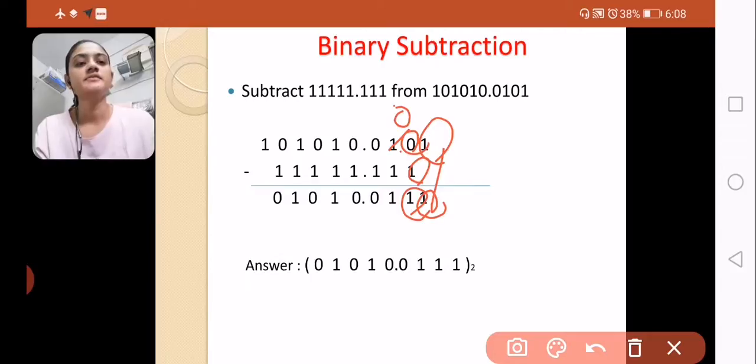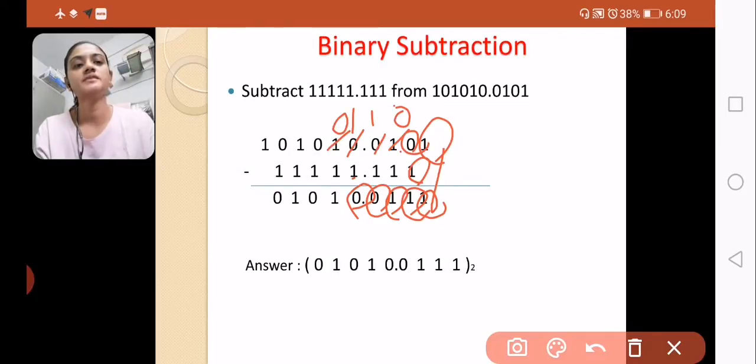So 0 minus 1, again difference is 1, but you have to take a borrow. So 1 minus 1 will be 0, but here you have to take 1 borrow, because previously we have subtracted a bigger value from a smaller value. So 1 minus 1 here will give 0. Again we have to take a borrow here.